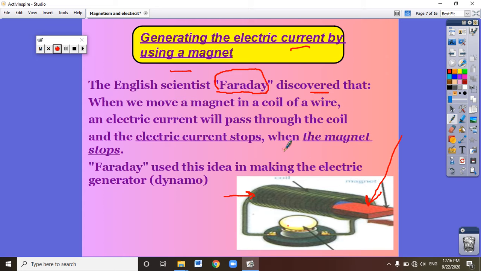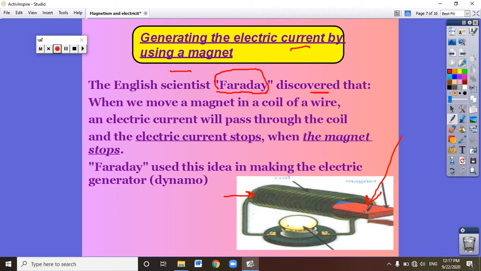So the main idea of making the dynamo is that kinetic energy changes into electric energy. You remember what kinetic energy is? It's the energy produced from the motion or movement of an object. Here, when we move the magnet inside the copper wire coil, the electric current is generated. When we stop moving the magnet, the electric current stops being generated.